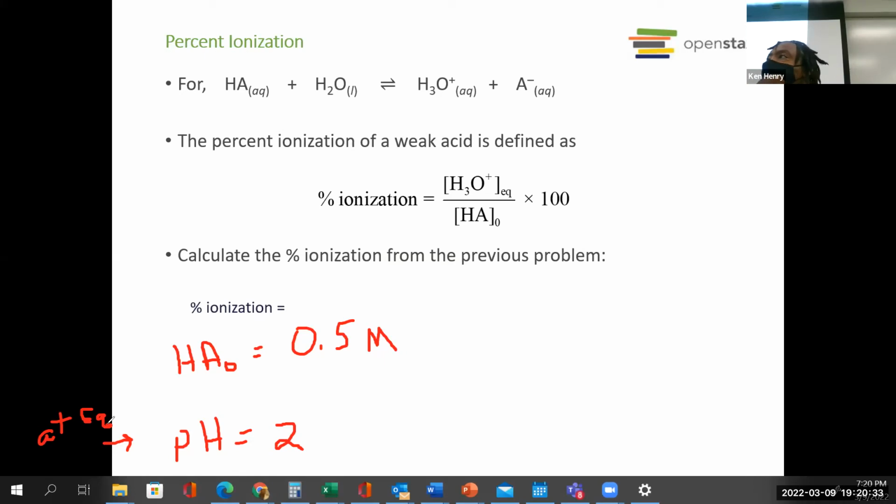What is the definition of pH? How do I calculate pH? Negative log the concentration of the hydronium ion.